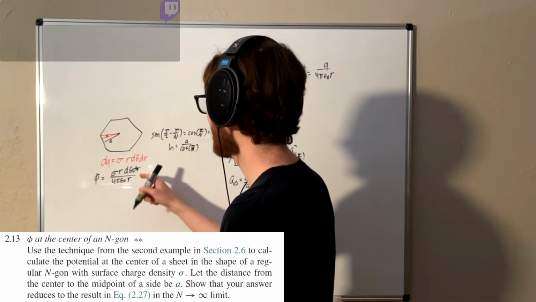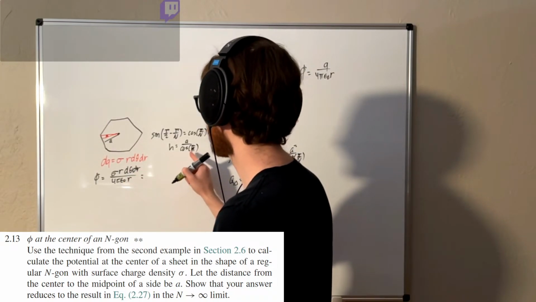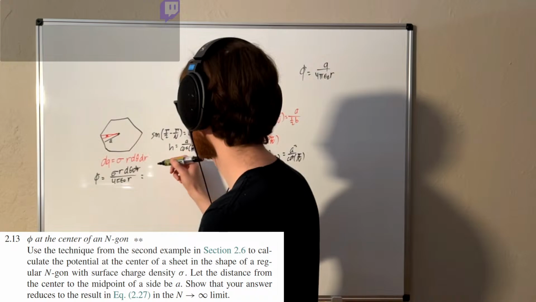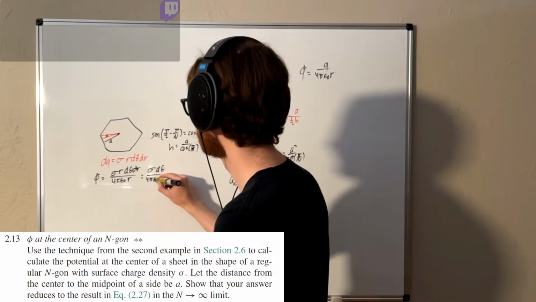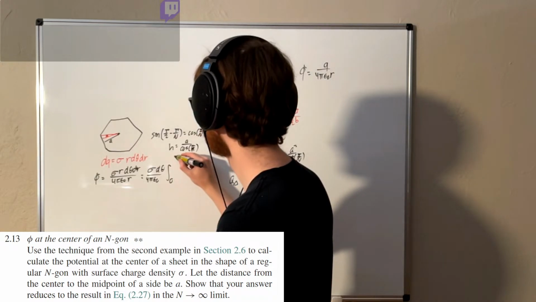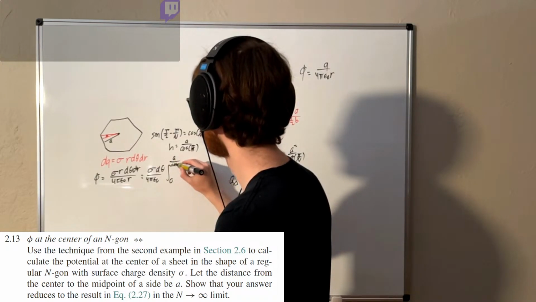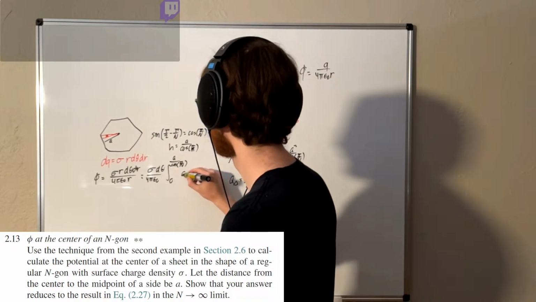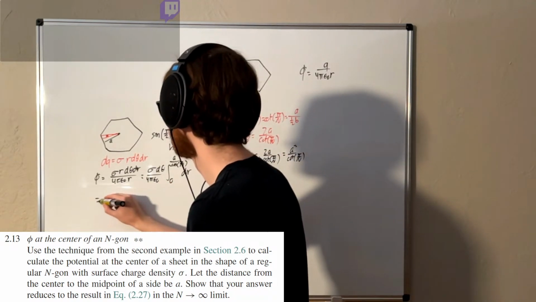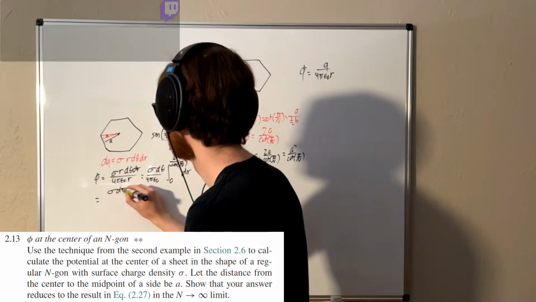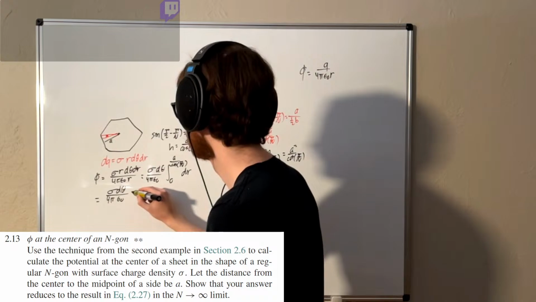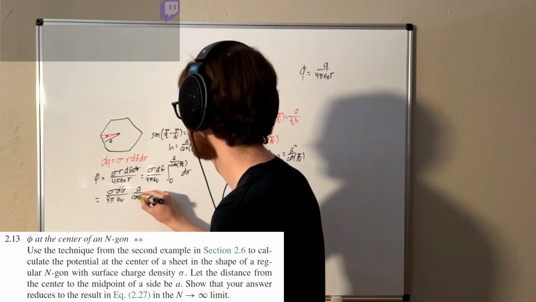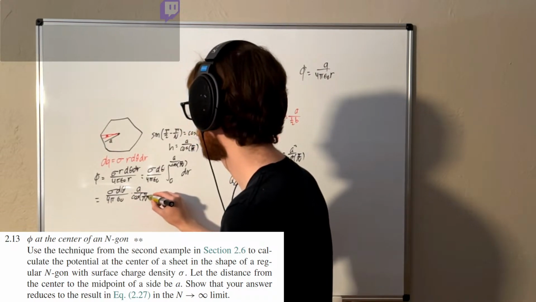So the r's are going to cancel, and that dr integrates from 0 to this. I'll write it out. Cosine pi over N. Okay.